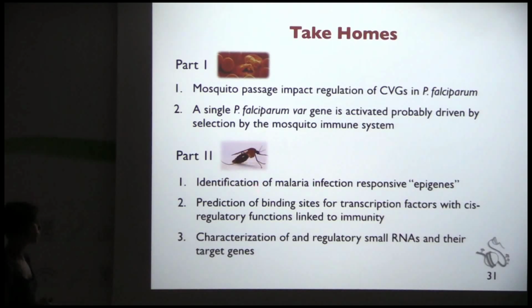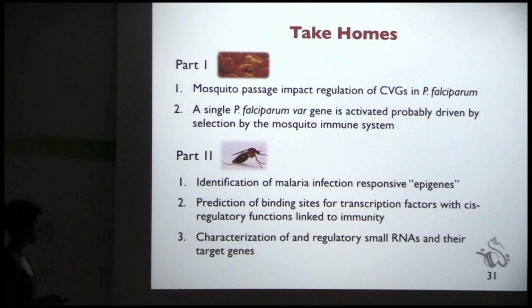In the case of the mosquito, we saw that we could identify malaria responsive epigenes, so genes that show changes at the level of histone marks or microRNAs and gene expression. And we could also identify the binding sites for transcription factors that could target genes linked to immunity.